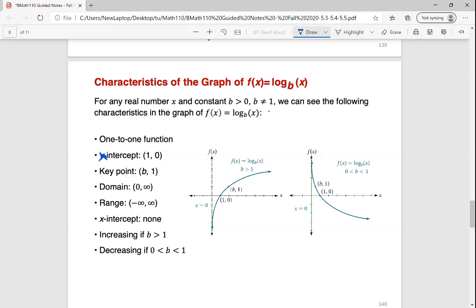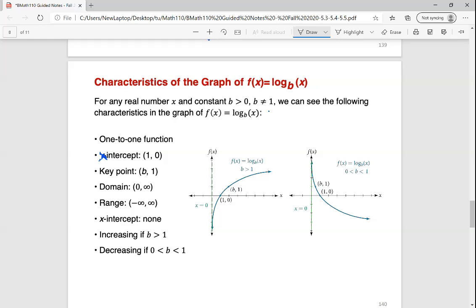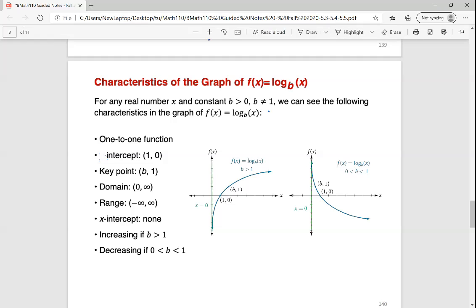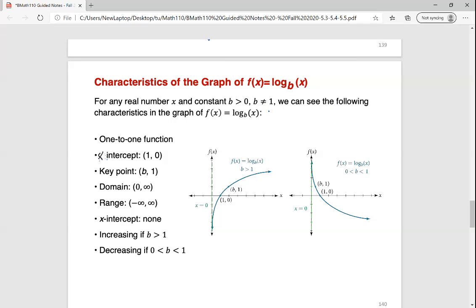Give me 1 second, I'll fix this. I'm going to delete this, and I'm going to use the black one. X-intercept at (1, 0).